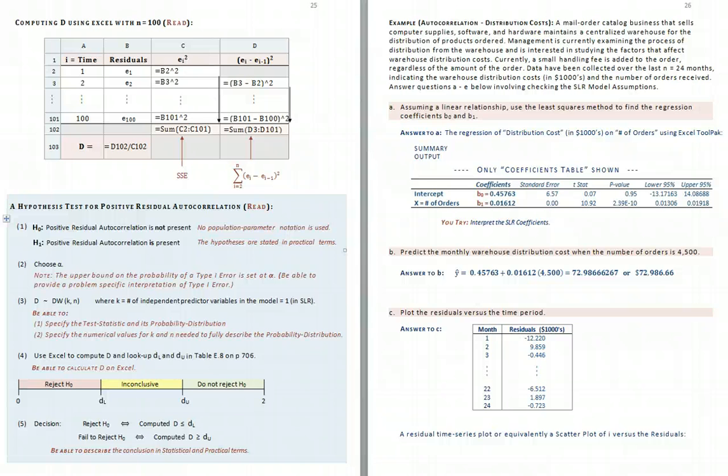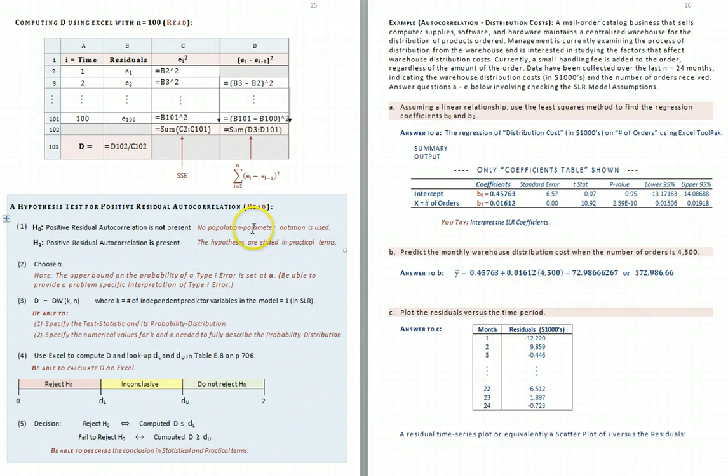The first step in the hypothesis test for positive residual autocorrelation is to state the null and alternative hypotheses. The null hypothesis is the verbal statement, positive residual autocorrelation is not present. The alternative hypothesis is again a verbal statement, positive residual autocorrelation is present.